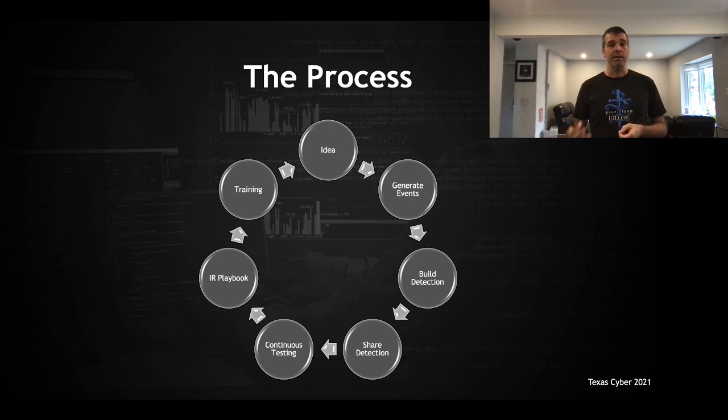How we can build detections, how we can actually share those detections with the community, because sharing is caring. Then we're going to see how we can do some continuous testing of our detection, how we can build effective incident response playbooks, and finally, how we can train our analysts in order to be able to properly respond to those detections that we are building.